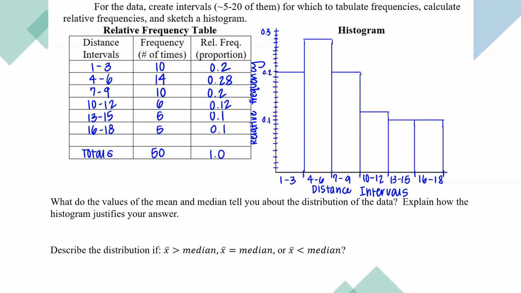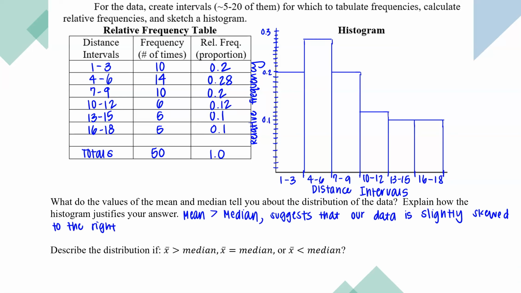What do the values of the mean and the median tell you about the distribution of the data? Because our mean was greater than our median, this suggests that the data is skewed to the right. This also means that there are probably some data values that are pulling the average higher. The second part of the question asks you to explain how the histogram justifies your answer.